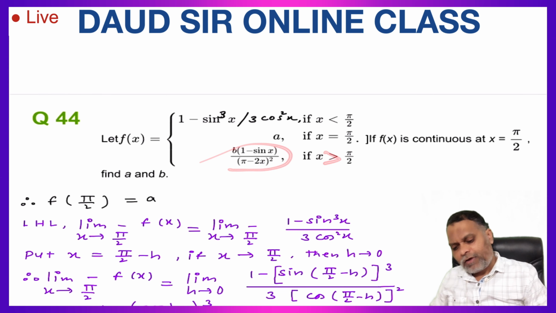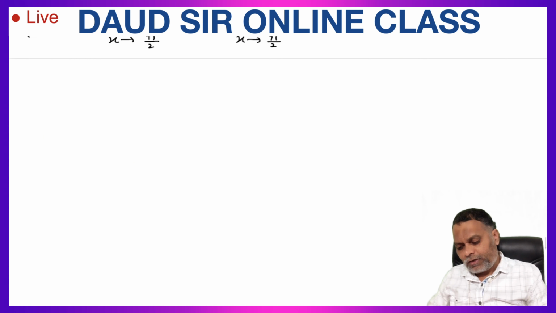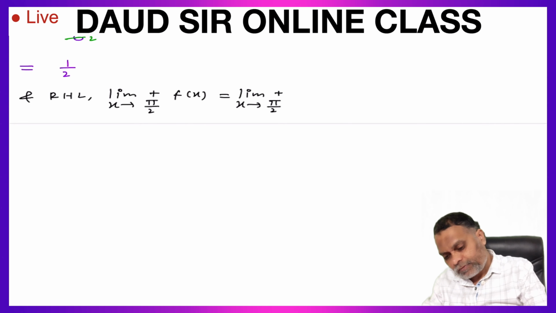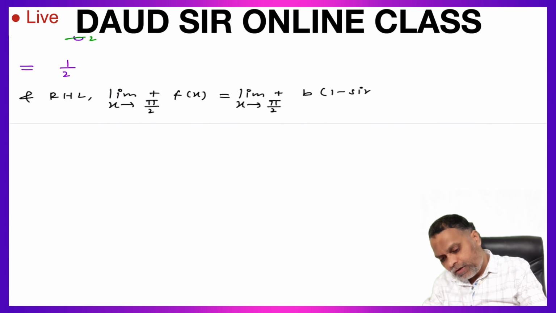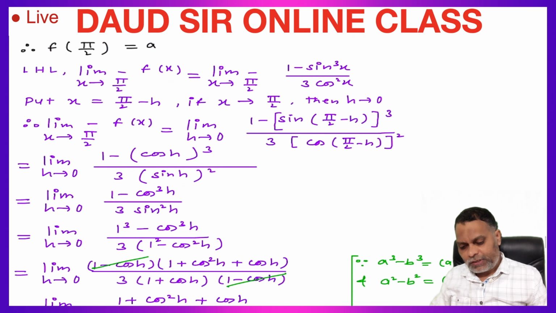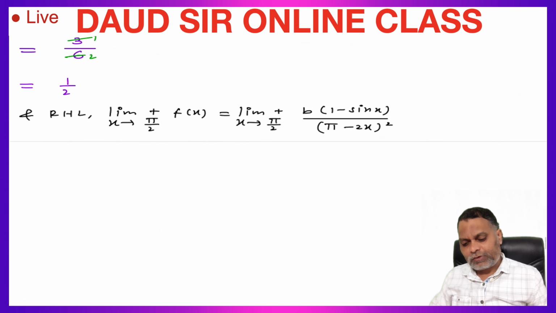For this function, b into 1 minus sin x upon (pi minus 2x) whole square. Take the function b into 1 minus sin x upon (pi minus 2x) whole square.